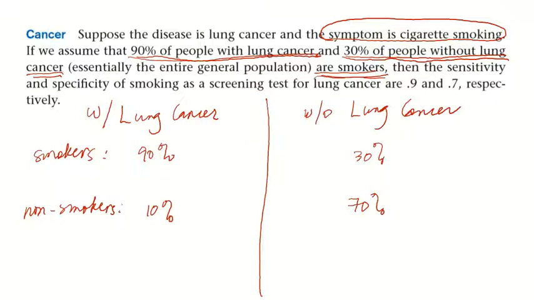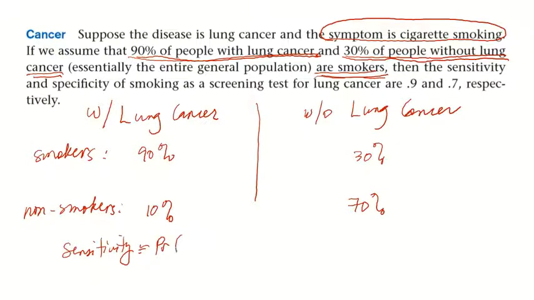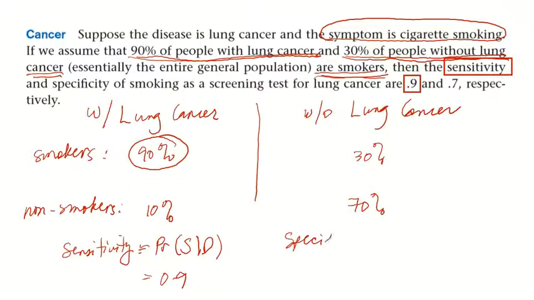So how do we solve now for our sensitivity and specificity? Remember, sensitivity is equal to the probability of having the symptom given that you have the disease. Which one is it here? With symptom and with disease. Exactly, this 90% or 0.9. That's sensitivity. What about our specificity?